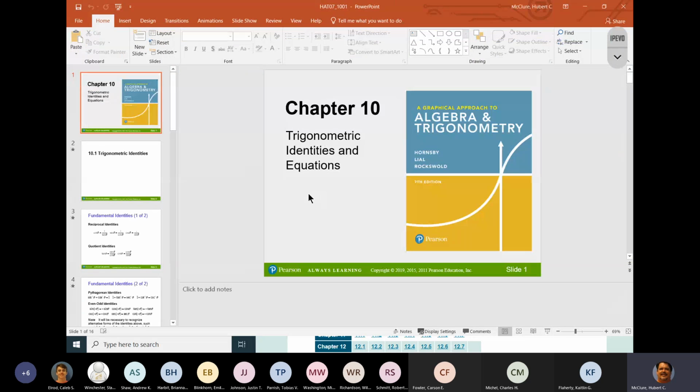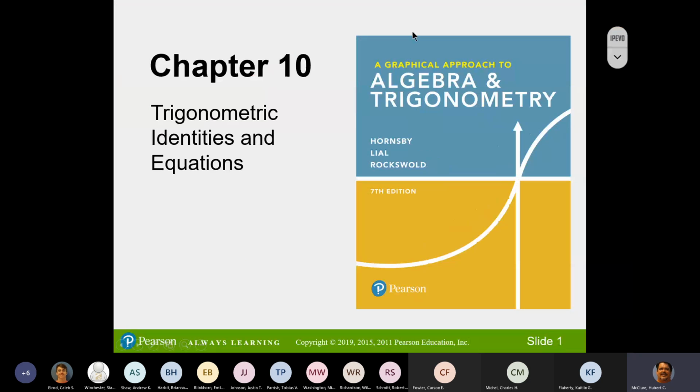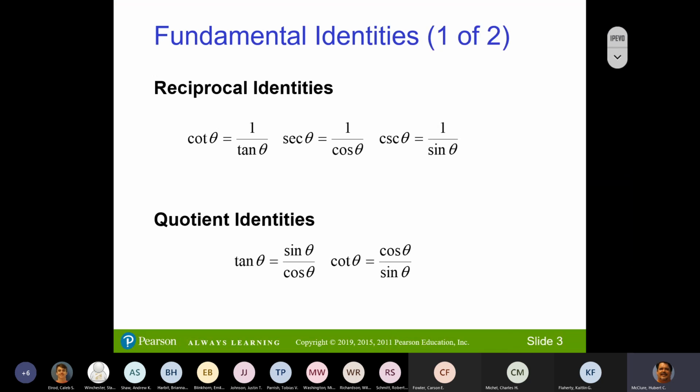And the reason I use the PowerPoint on Trig is because of all the identities. It's good to have it there so I don't have to go back and forth to the cheat sheet. That's why I do it. I don't use the PowerPoints that much. Okay, and there they are. There's the 5 identities that you use a good bit, especially when you're first starting with identities. And that's the reciprocal identities and the quotient identities.